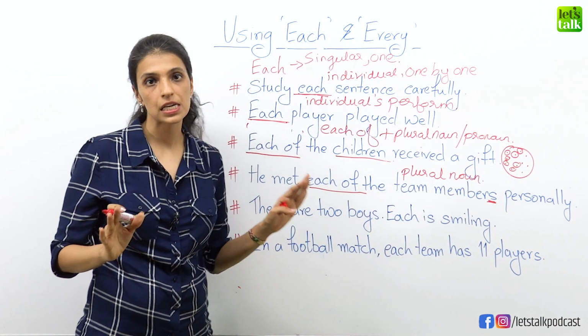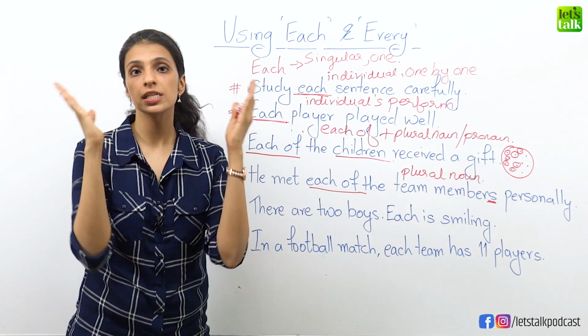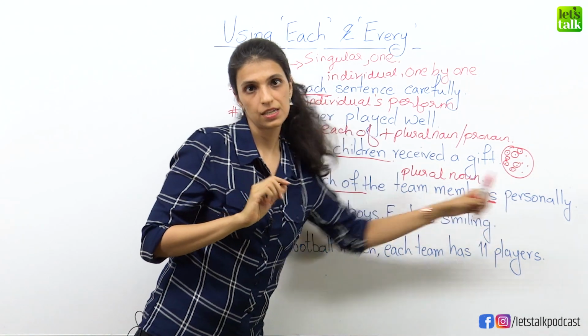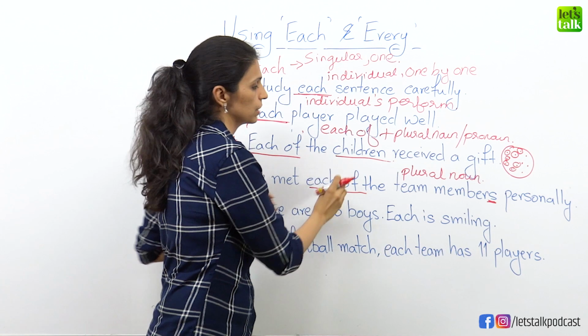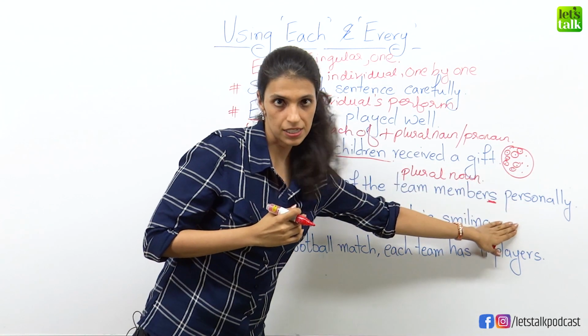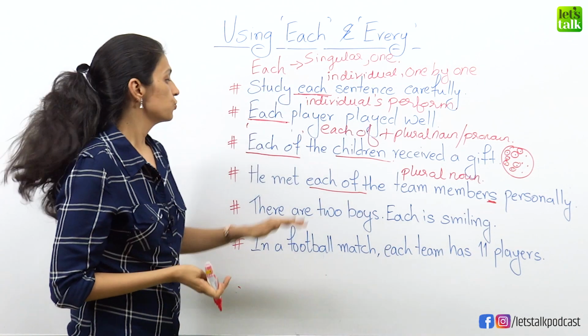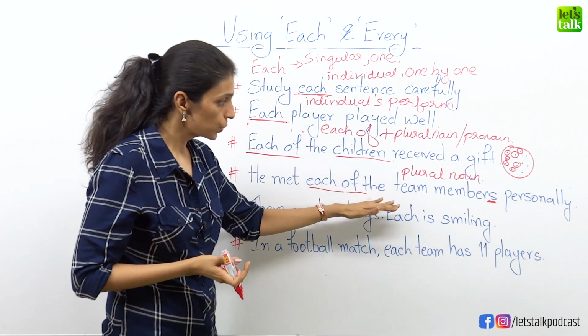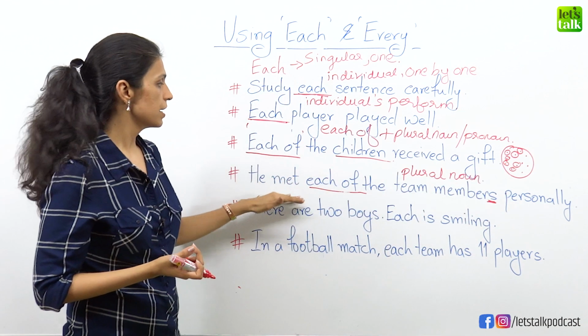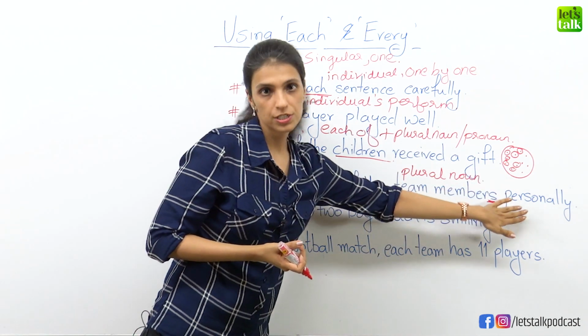That is absolutely incorrect, because there are so many team members. So you're saying each of them personally. All right, so out of many, each of them. So one by one, he met each of them personally. So do remember this. You can use each of followed by a plural noun or a pronoun. I can also say he met each of them personally.